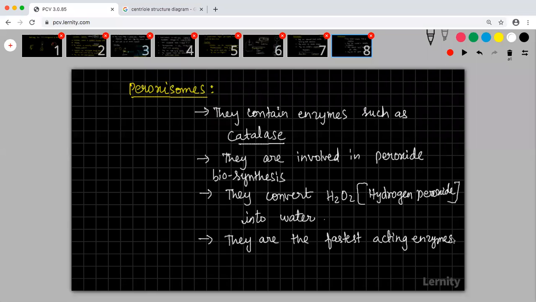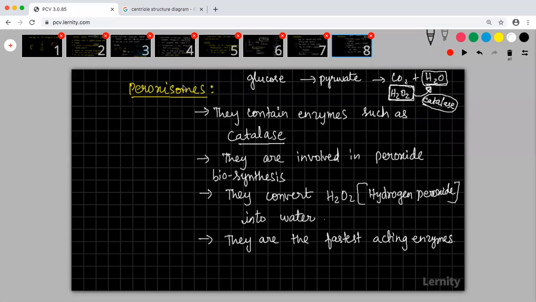What you need to know is that whenever respiration is happening in our body, say glucose is converted into pyruvate, and pyruvate is converted into carbon dioxide and water. We know only that water is formed, but before water is formed, hydrogen peroxide is formed first. This hydrogen peroxide is poisonous to us, so it has to be converted quickly into water. This is done by catalase, which is present inside the peroxisomes.